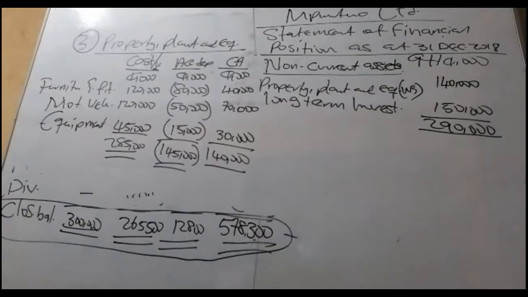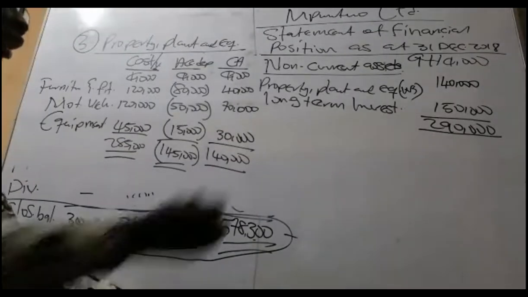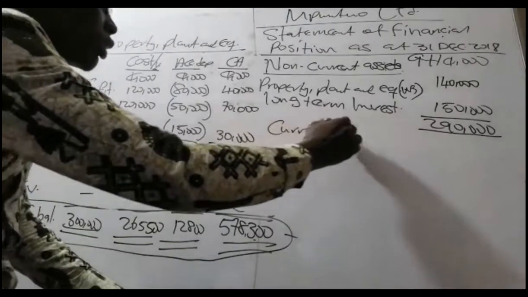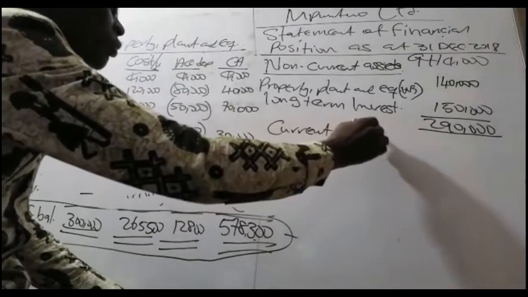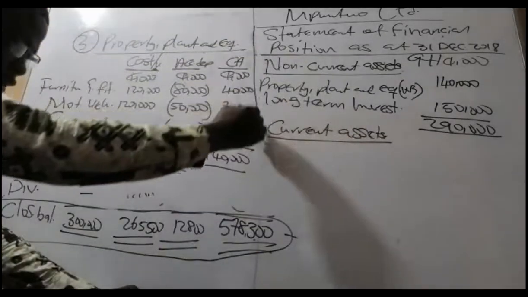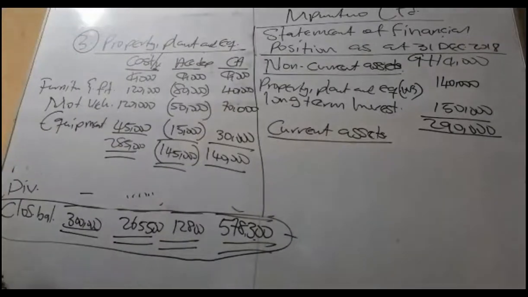Just for a second or two. Then you come to the current assets. So current what? Assets. Current assets. Good. The current assets start from the inventory.